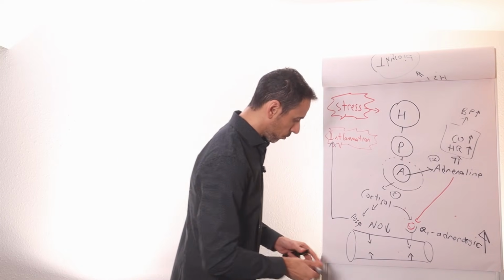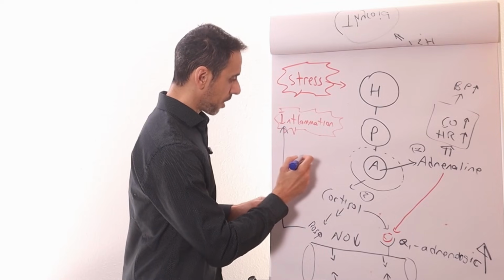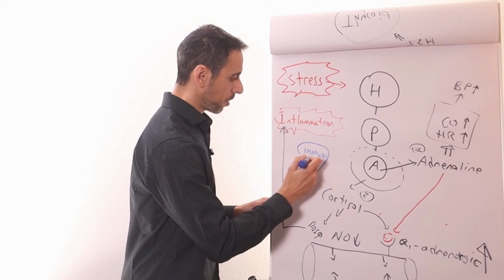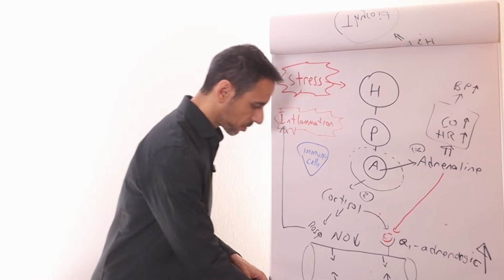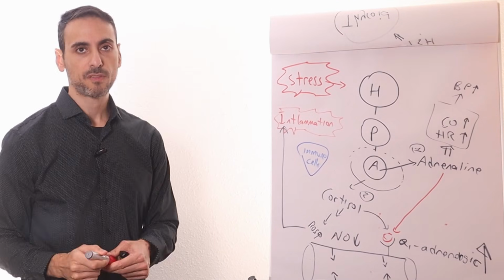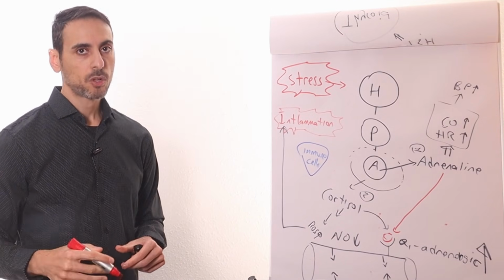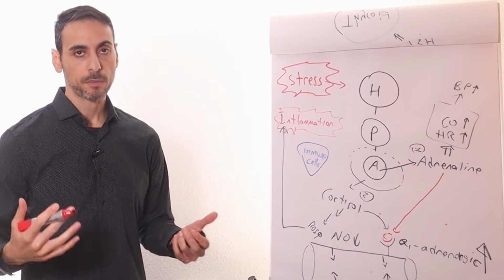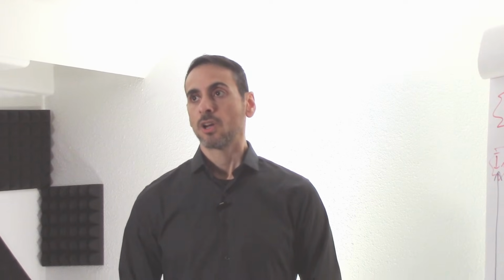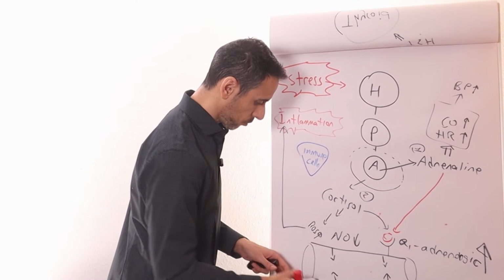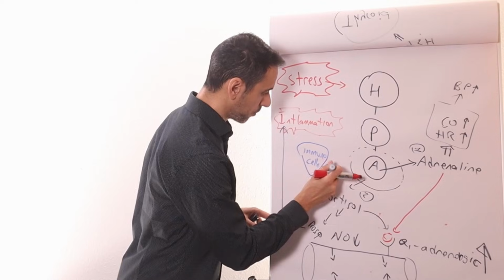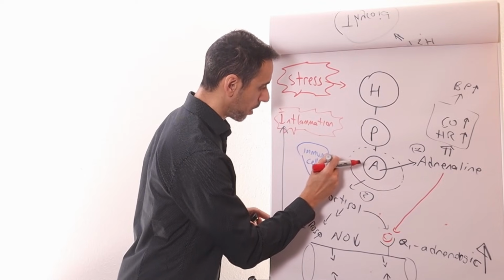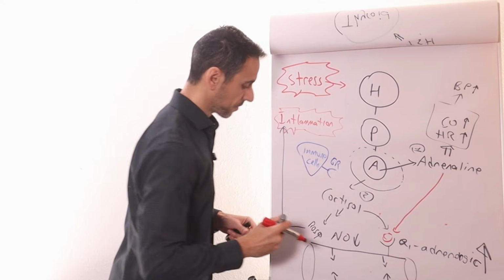Let's say I'm going to draw it here. Let's say this is our immune system. These are our immune cells. Consider excess secretion or elevated levels of cortisol. Remember that cortisol has an anti-inflammatory effect. It inhibits several inflammatory pathways. And on our immune cells, we have the glucocorticoid receptor. Here I'm going to draw it, so let's call it GR, glucocorticoid receptor.